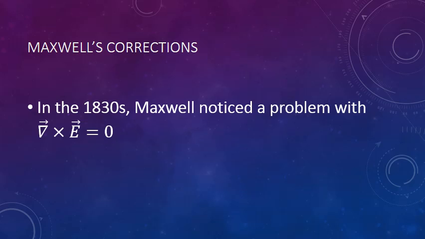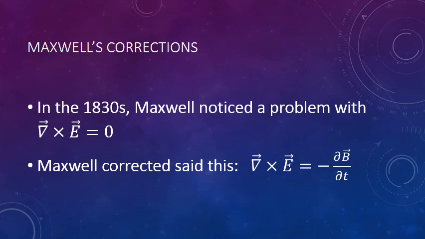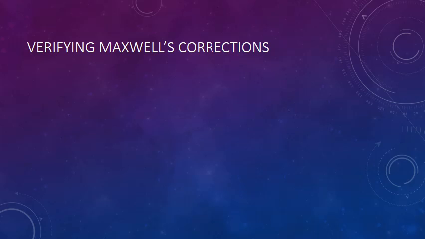If you integrate around a closed loop, he corrected it to look like this, what we presently call Faraday's law with Maxwell's corrections. The question is, how did he correct it? He corrected it using this method.